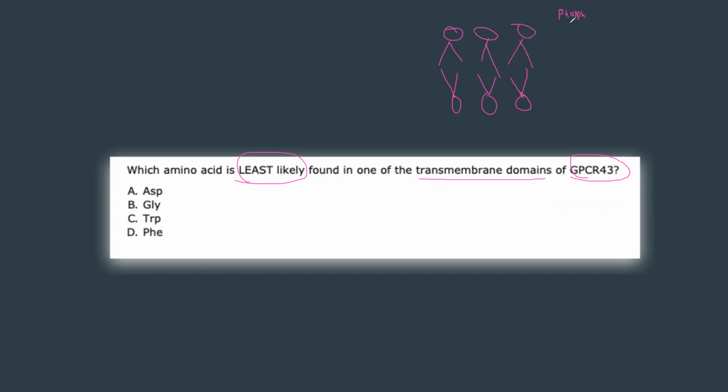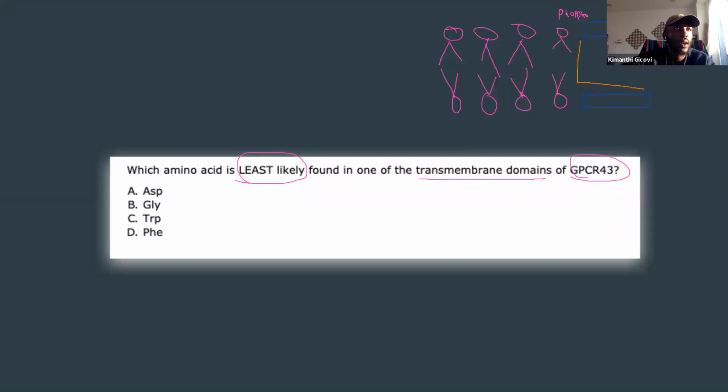Remember the head and the two tails? Tell me about the different properties of the heads and the tails. What's the difference between them? Hydrophilic head and hydrophobic tail. Hydrophilic head and a hydro-what tail? Phobic. Hydrophobic tail, right? So this orange part is going to be my transmembrane.